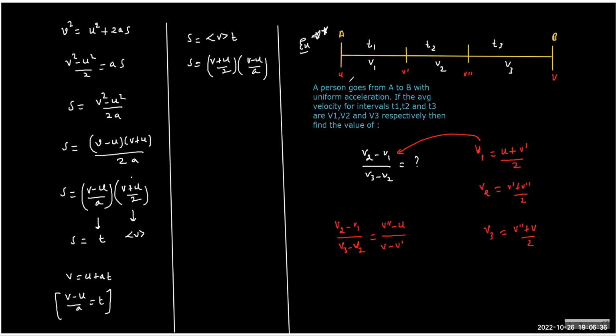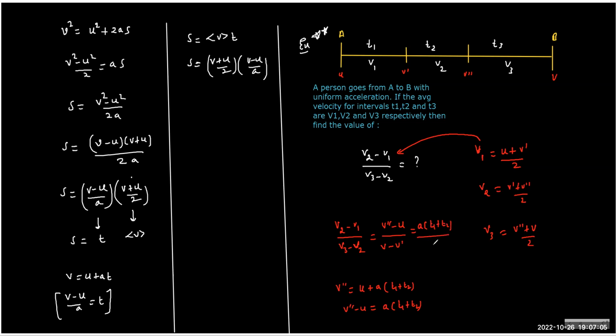So if you take the entire interval from here to here, what will be the relationship? V double dash equals U plus A into T1 plus T2. So V double dash minus U is how much? Correct? Yes, sir.